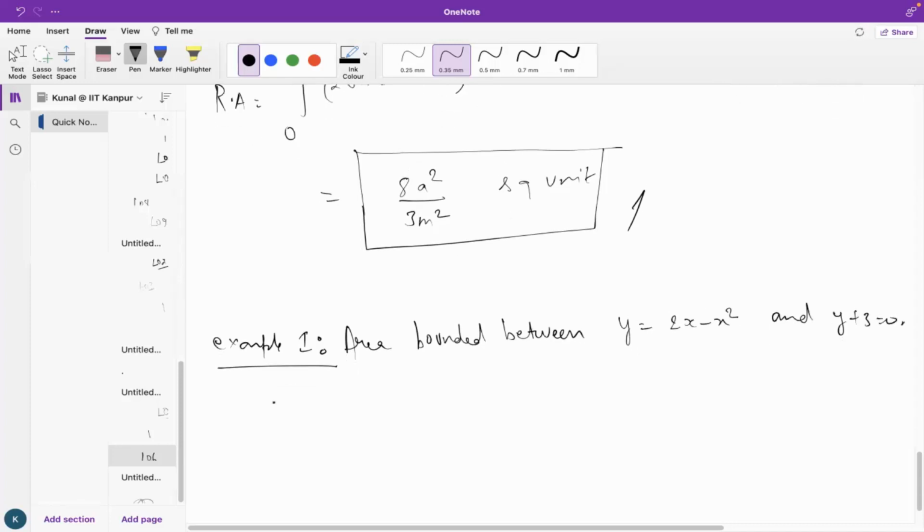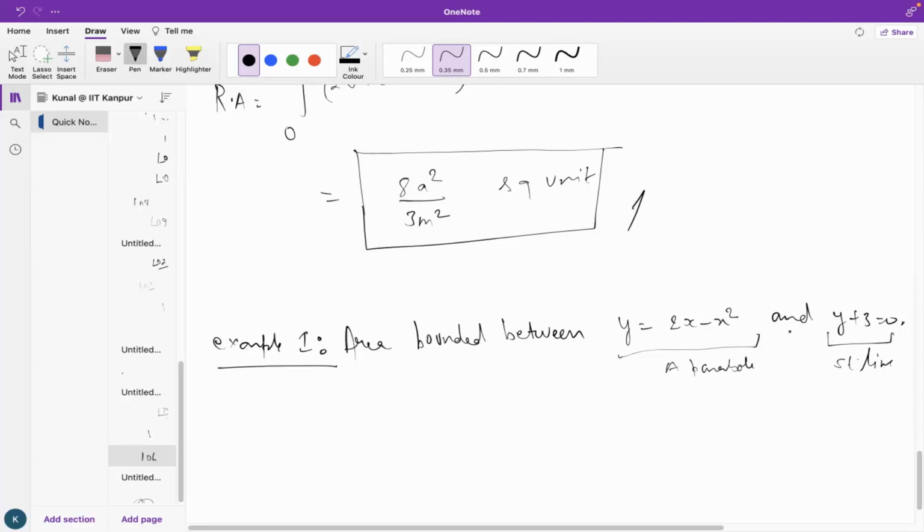Now look at this. This is our parabola and this is our straight line. And we have just studied what we have to do: we have to find the latus rectum by 4, which is the value of a. We have just studied how to find the area between a straight line and a parabola, right? So let us use that.